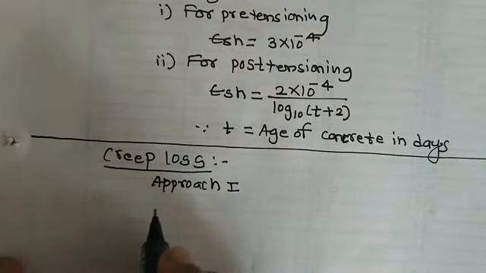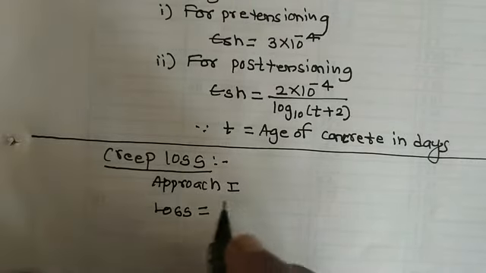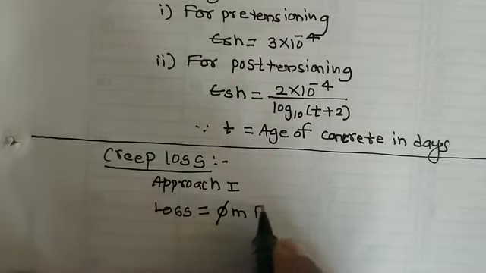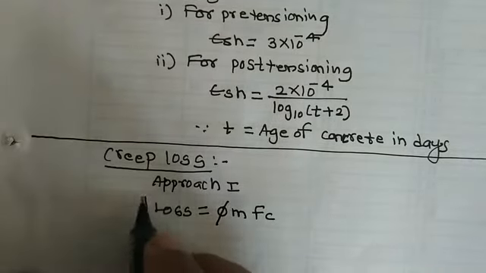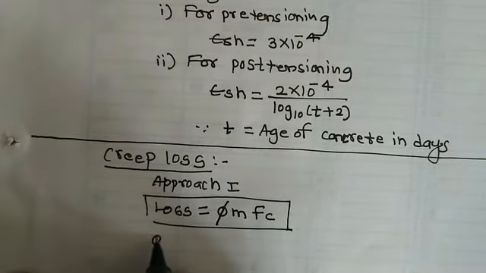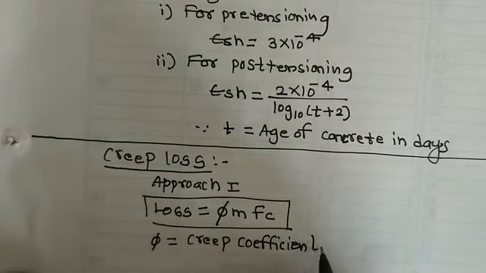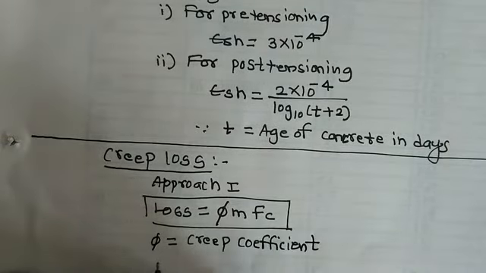Approach 1, when creep coefficient is given, you have to use this formula: phi into m into Fc, where phi is equal to creep coefficient. M is modular ratio. Fc is again pre-stress.